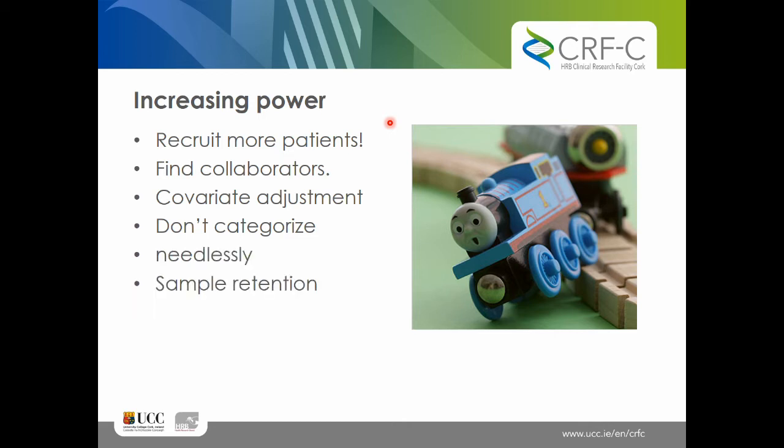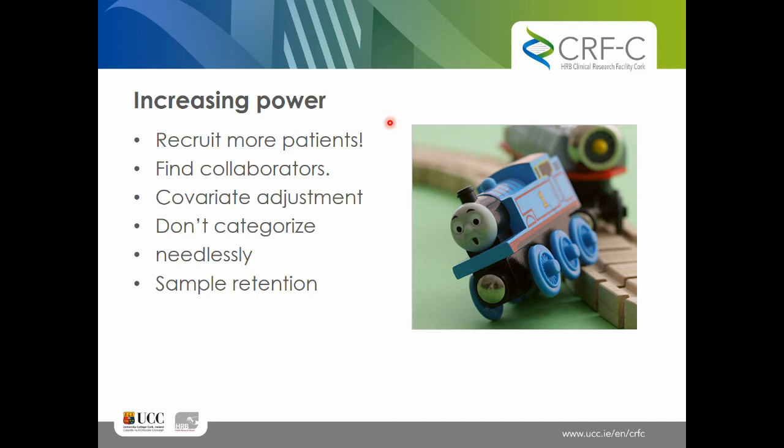And finally, it also points to the fact that we need to retain the sample that we get. And so often what happens is that you have no problem with recruitment, but then we have a hard time retaining patients in the sample. And so ultimately, the sample size drops and causes all kinds of problems with selection bias to boot. So it's really important to think up front as well about the things you're going to do to retain patients and the things you're going to do to help them avoid the reasons that they might want to leave a study.